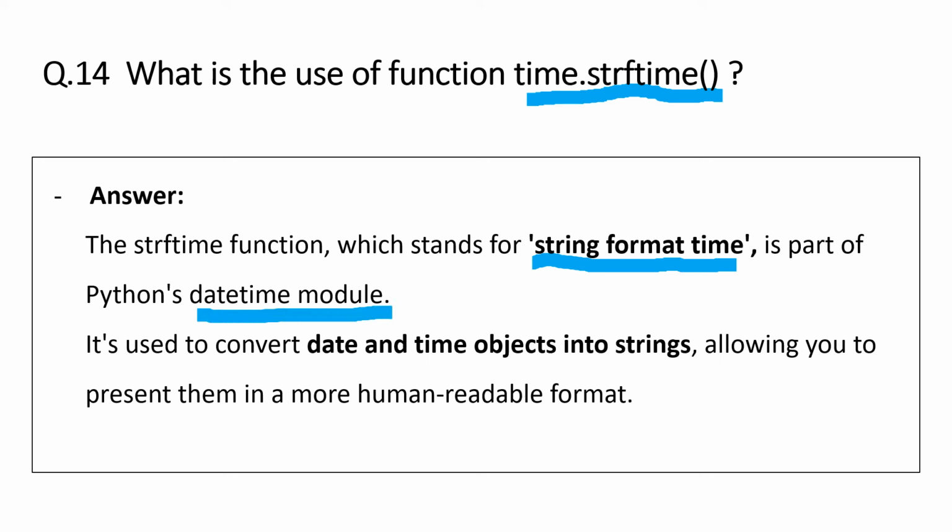This function is used to convert date and time objects into strings, so that you can present them in a more human readable format. So date and time objects we can convert into string by using this time.strftime function. strftime stands for string format time.